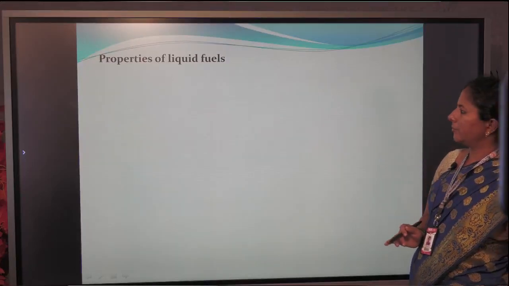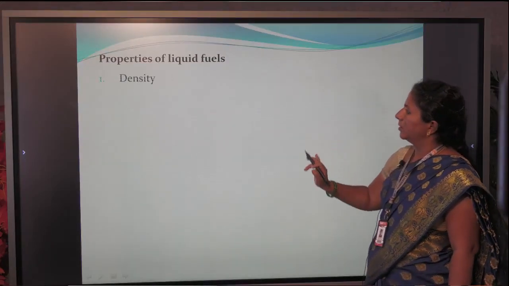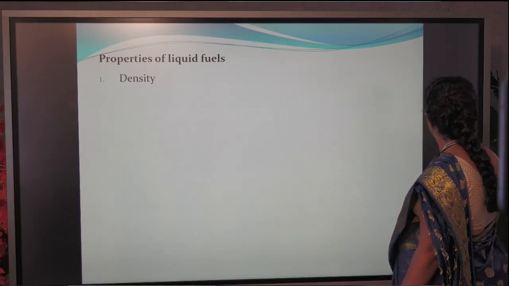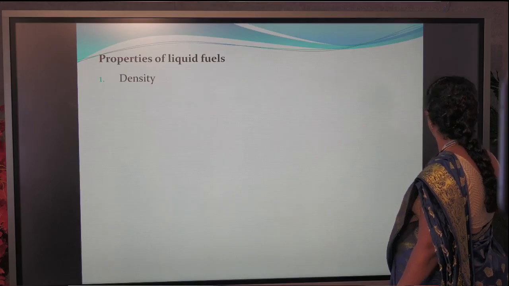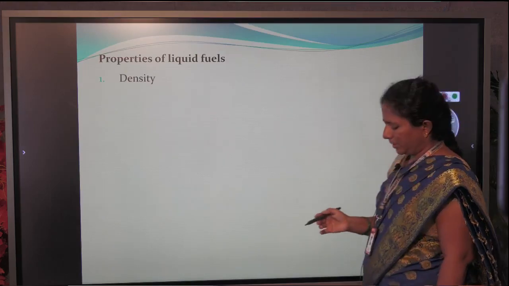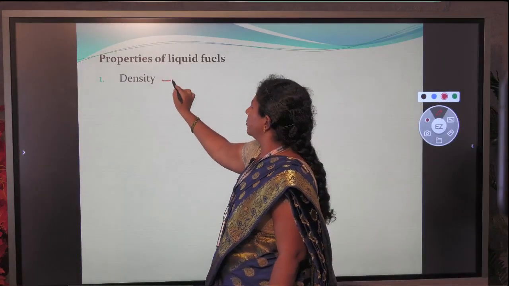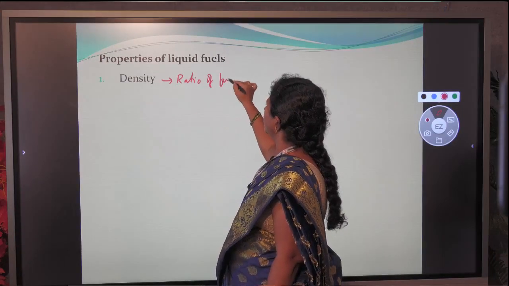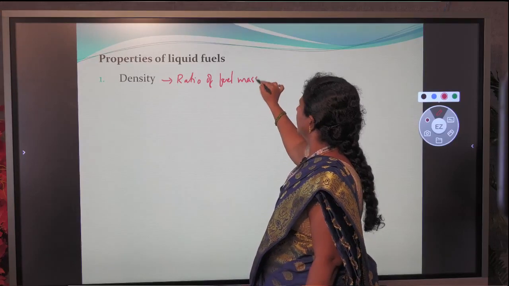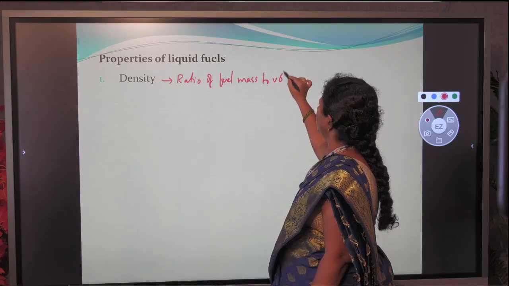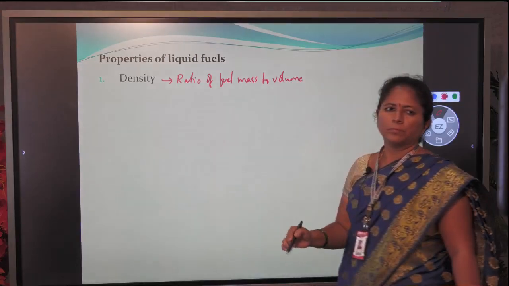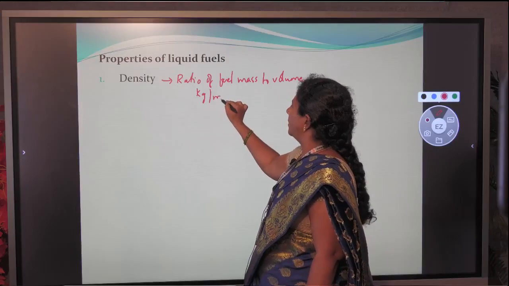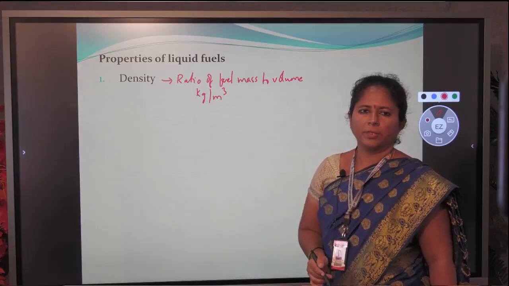Next, properties of liquid fuels. The first property is density. Density is the ratio of fuel mass to volume, and the unit for density is kilogram per meter cube.